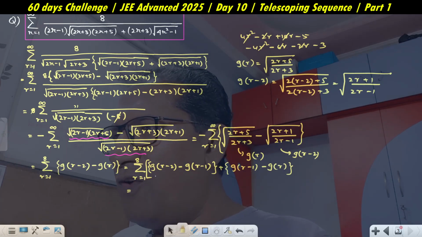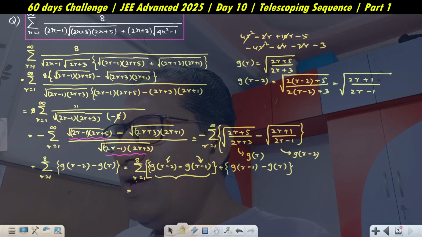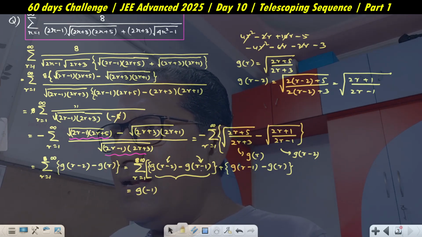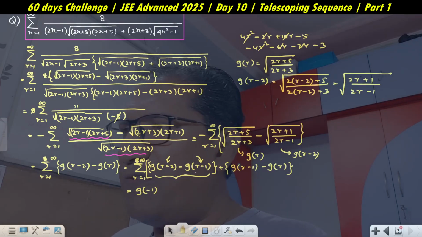Now, for this one, the lowest is this, the higher is this. So in the lowest, I am going to put r equals to 1. So you are going to have g of minus 1. And for this one, in place of r, oh, it's not 8 actually. This is actually infinity, right? That's not 8. Okay, so in place of r, because this is higher, your r will tend towards infinity.